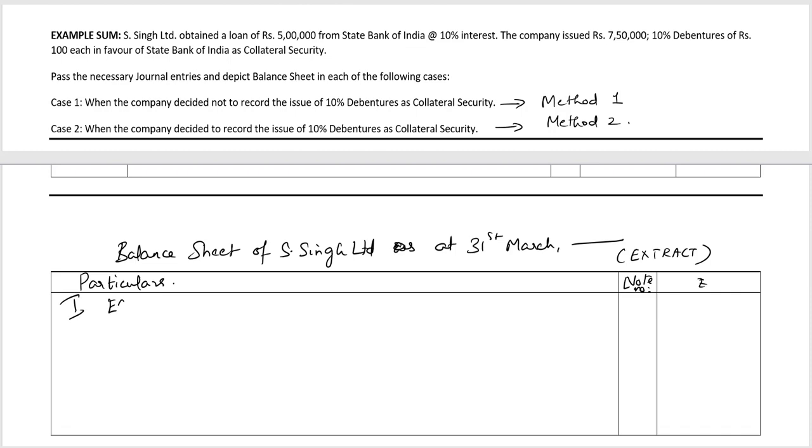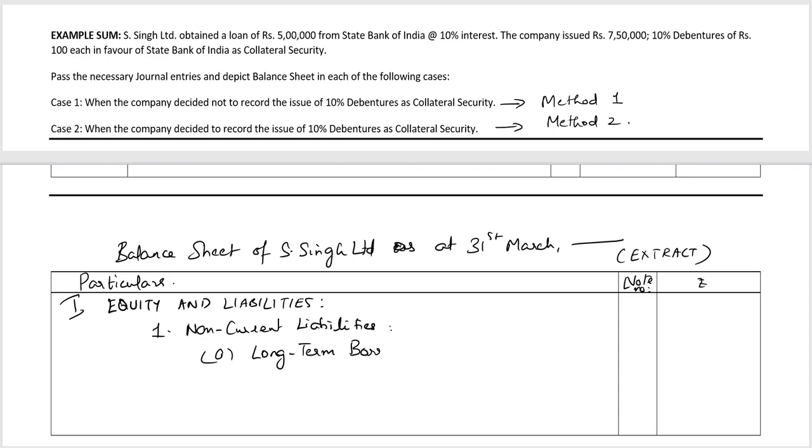The Roman number 1, equity and liabilities. Under that, 1 is non-current liabilities. Under that, long-term borrowings. Against note number 1, the amount of the loan, which is 5 lakh rupees. So the solution is done.